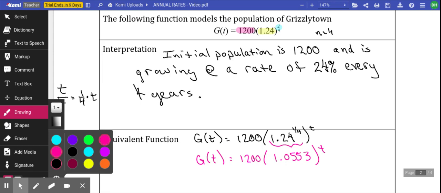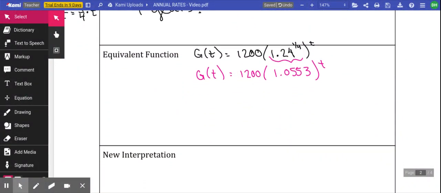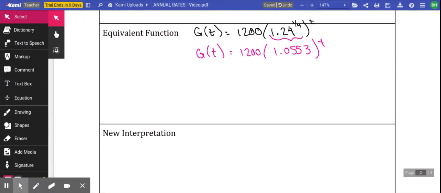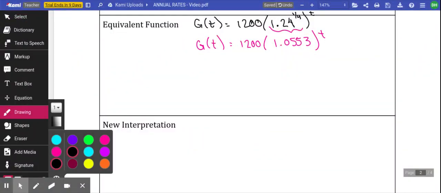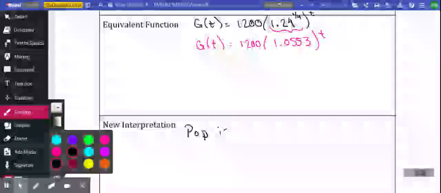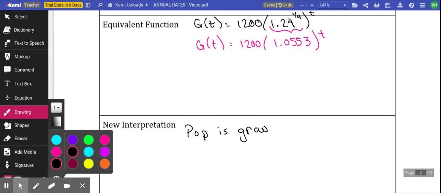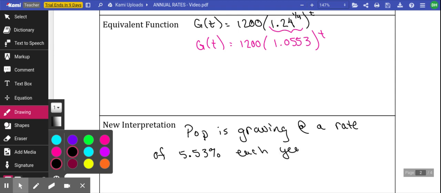So now we can make a new interpretation based off of the way it's written. Of course, the initial population is still 1,200. That's never going to change. But the interpretation now is the population is growing at a rate of 5.53% each year.